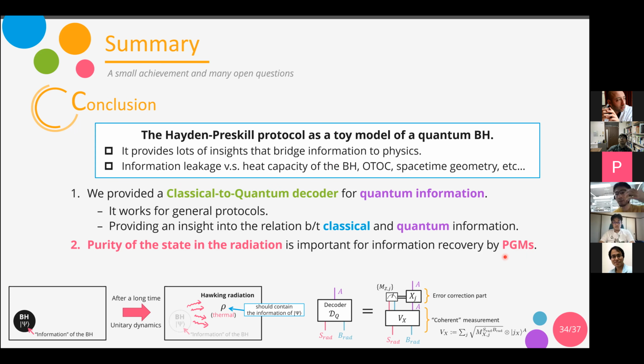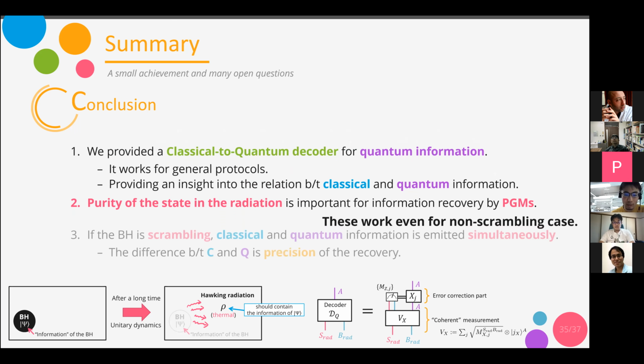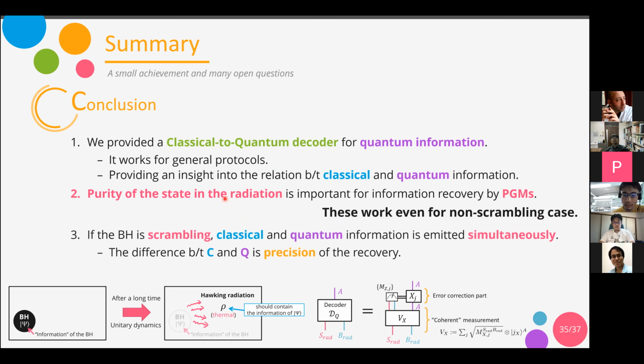If you use another measurement or another decoder, maybe we could have another condition for the information recovery. And these 2 results work for general protocols. But finally, we applied these 2 to the Hayden-Preskill protocol, and we showed how to decode classical and quantum information. Maybe one important message is that there is no big difference between classical and quantum.